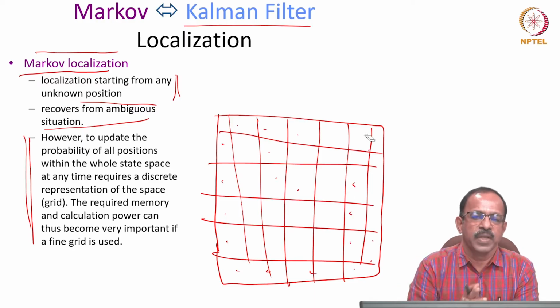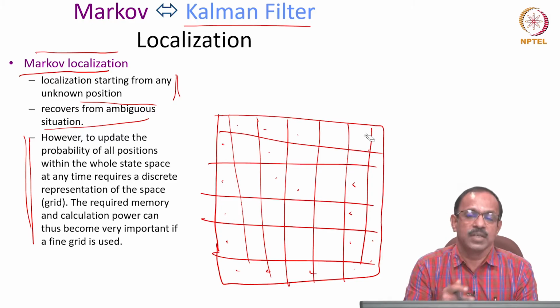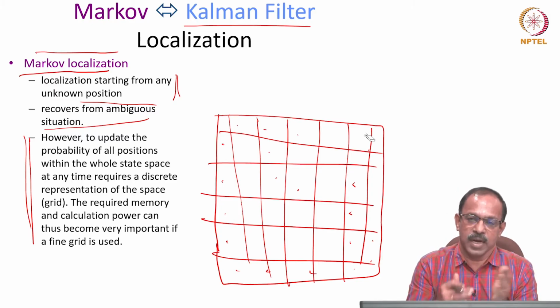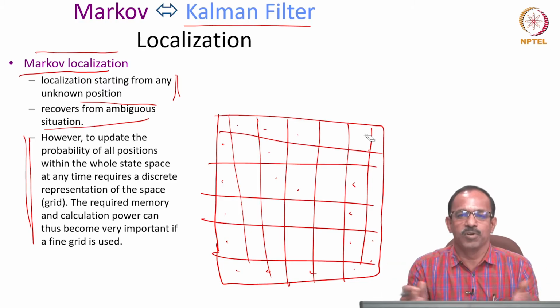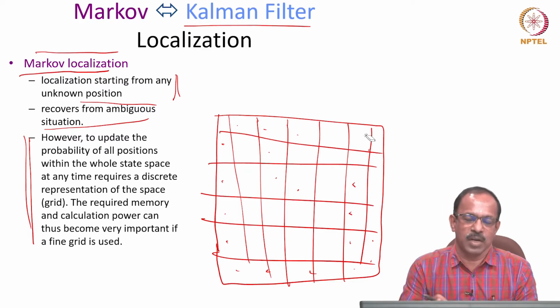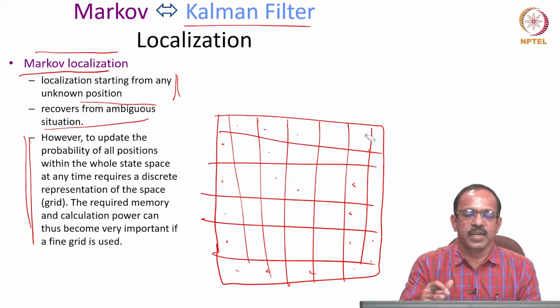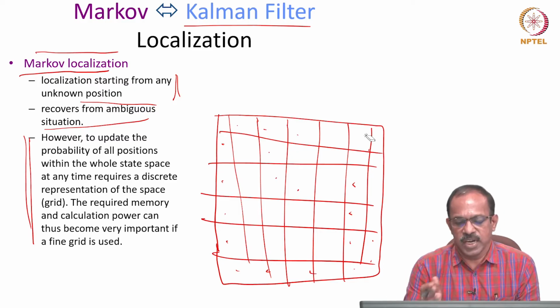So, that is one of the difficulties with Markov localization, but the advantage is that we do not need to know where the robot is. Even if the robot lost its position somehow, or is completely uncertain about its position, it can still start again and recover its position. So, that is the advantage.